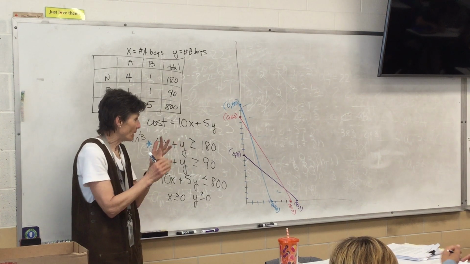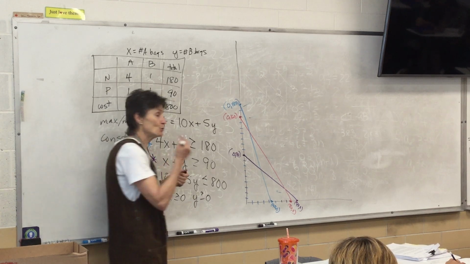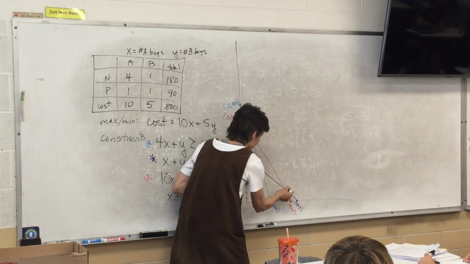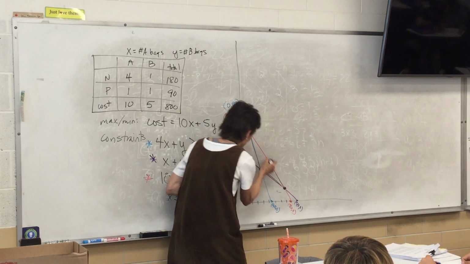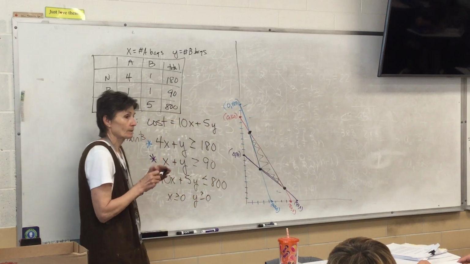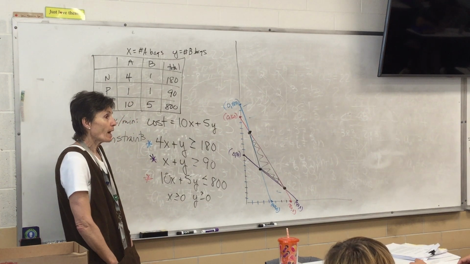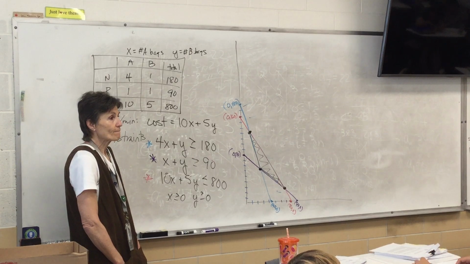Okay, so here you go. You're shaded above blue, above purple, and under red. Do you see a little triangle right there? When you do an optimization problem, you get what are called vertices.